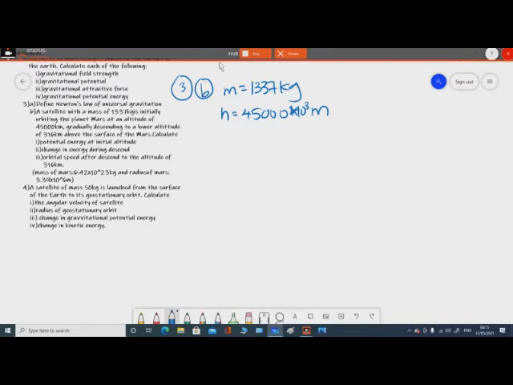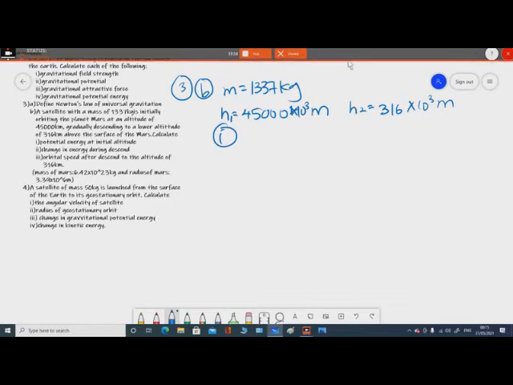This one will be our H1, and this one will be our H2, 316 times 10 to the power of 3 meters. Calculate the potential energy at the initial altitude.